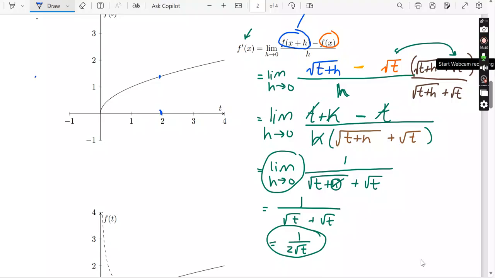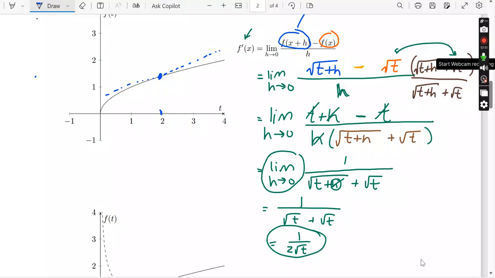So picture pouring water into a cup. If I want to find the rate of change at exactly 2 seconds, I will need to find the derivative, which will be essentially an approximation, because I can't actually stop time in order to see how fast the water is going into the cup. So in this case, I want to find the instantaneous rate of change at exactly 2. So the instantaneous rate of change is the slope of the tangent line.